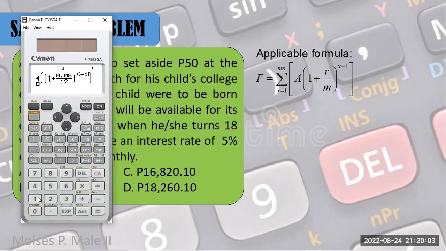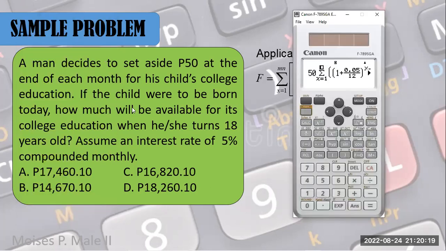Tama? Okay, future worth. Okay, tama. So from x equals to 1 up to how many years? 18. 18 years yan. Okay, so you have, so kung 18 years, how many periods yan? So you have months, no? 12 times 18. MN yan, diba? MN.